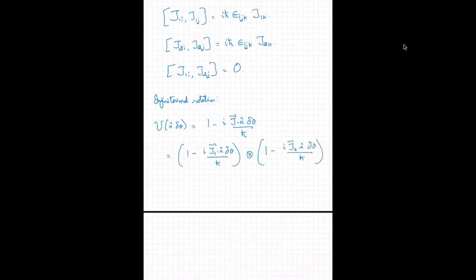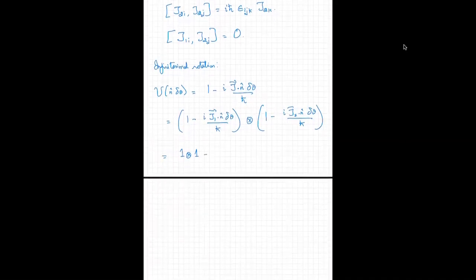Since delta theta is a very small parameter, I can write the tensor product on the right hand side as the direct product of the two matrices. Remember that the dimensionality of the first one and the second one can in general be different, but that is no issue to us because we know how to write down the direct product of two matrices now.